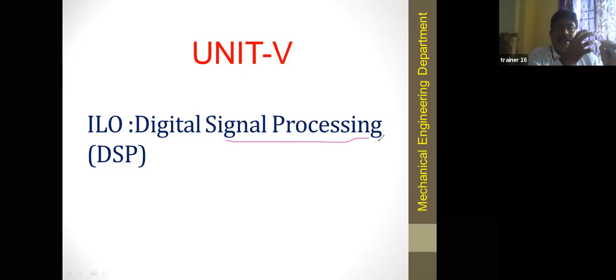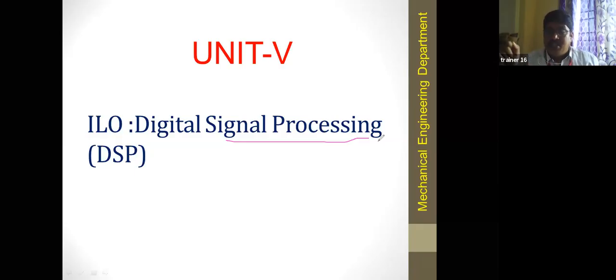Here the sensor and the transducer grab the physical variable. Then to get the signal accurate, the next step is the data acquisition system, which consists of signal conditioning.